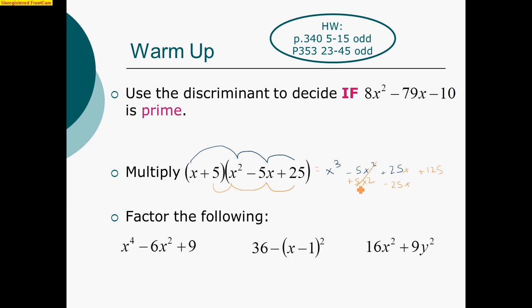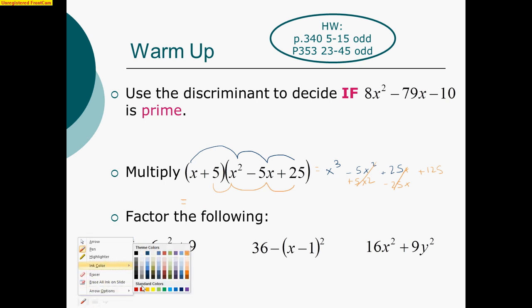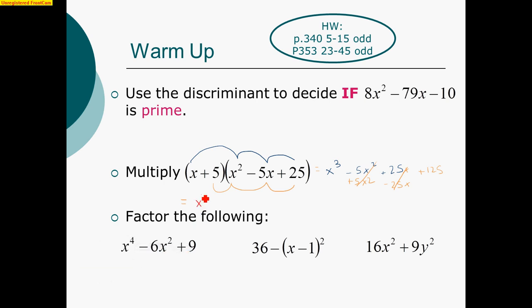So as you can see, the squared and the linear terms drop out, and this is equal to x cubed plus 125. That's what's in the box.